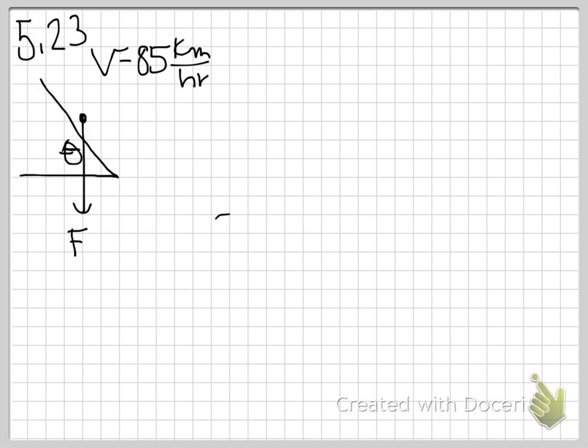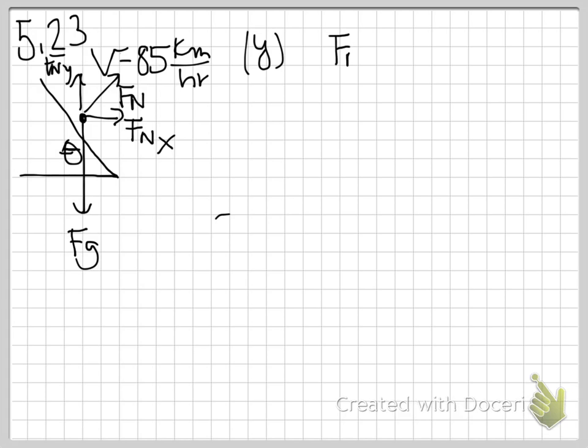Here's Fg. Here's Fn. Without friction, Fn in the x direction is what provides the centripetal force, and Fn in the y is what balances gravity. So if we write out our sum of the forces equations in the y direction, you have Fny equals Fg.